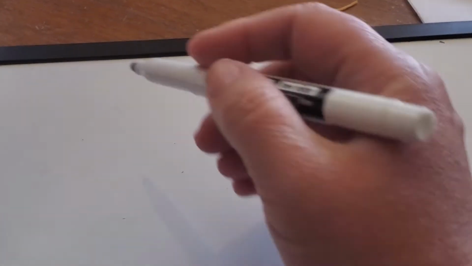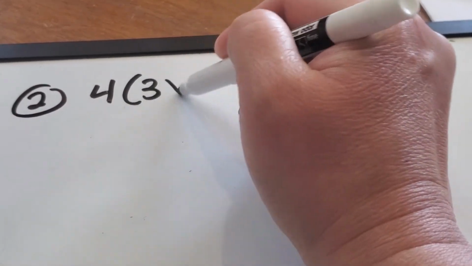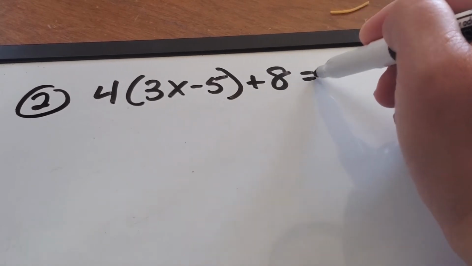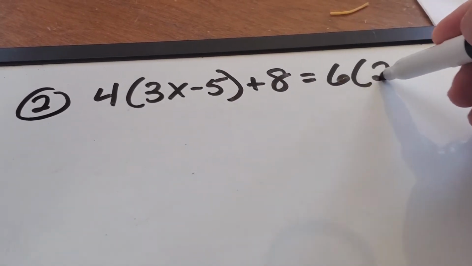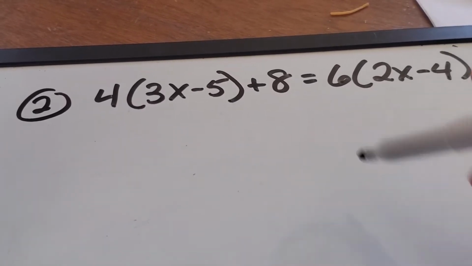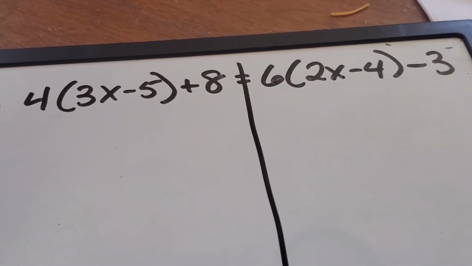Okay, next equation is going to be 4 times 3x minus 5 in parentheses plus 8 equals 6 times 2x minus 4 in parentheses minus 3. Again, we're going to simplify both sides of the equation as much as possible.